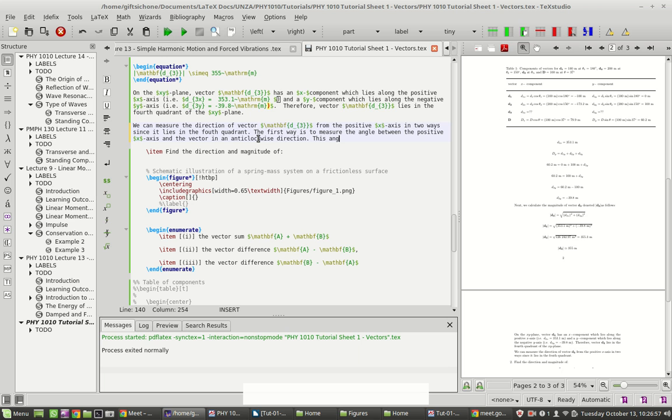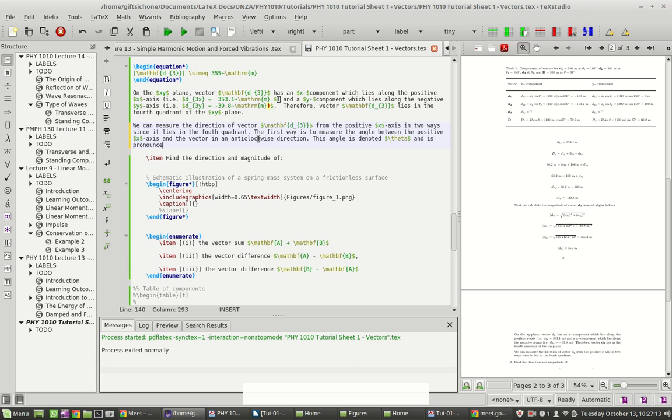This angle is denoted theta and is pronounced theta.